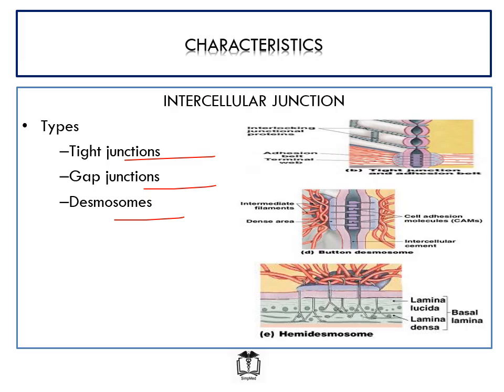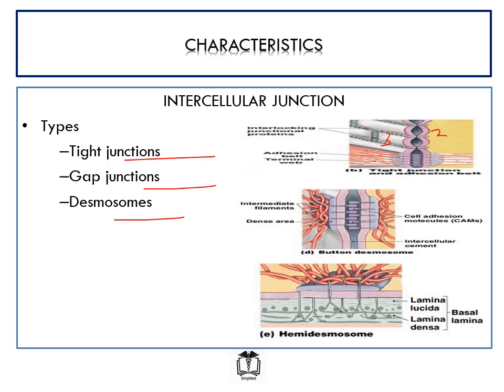To talk about each of them one by one, tight junctions, for example, are found between two cell membranes. This is a picture of a tight junction. You can see this is one cell membrane here and this is the other cell membrane here. You can see how they're held tightly by the tight junction. Tight junctions form an adhesion belt and attach to terminal webs, and they prevent passage of water, solutes, acid, and bacteria between cells, because they limit passage of structures through the space between the cells.